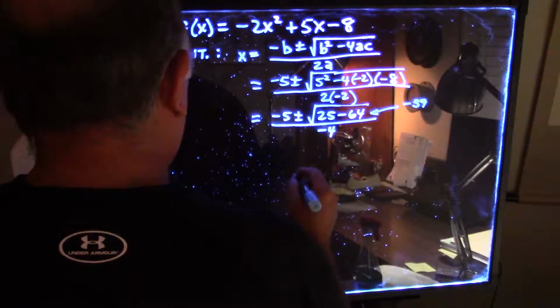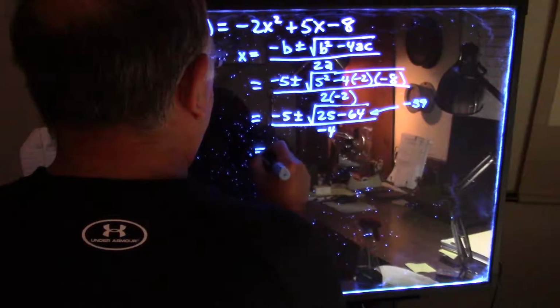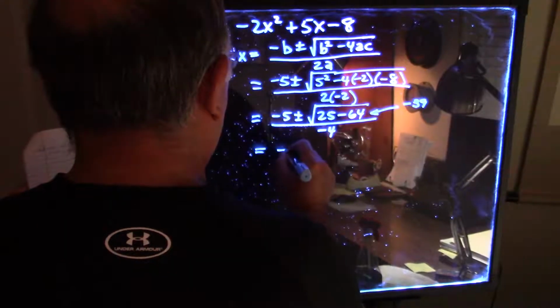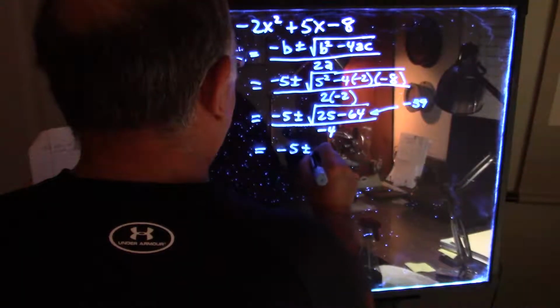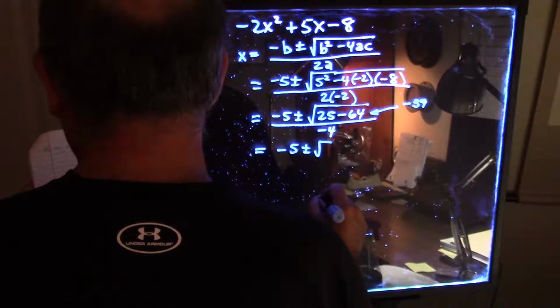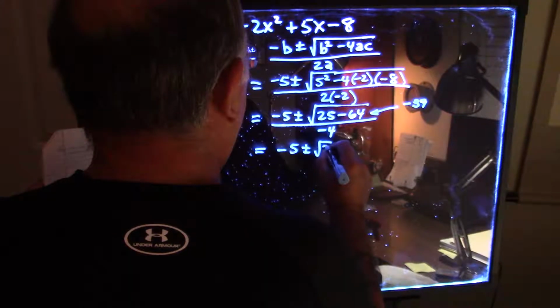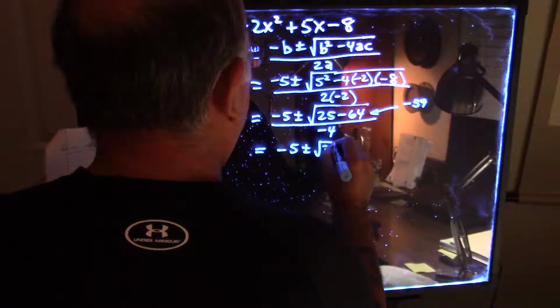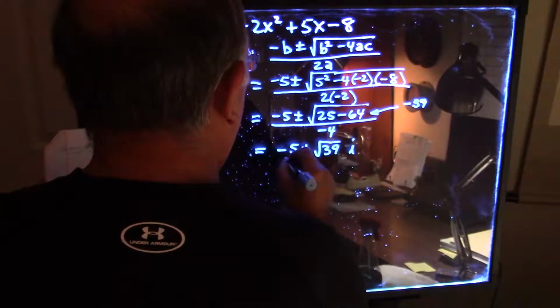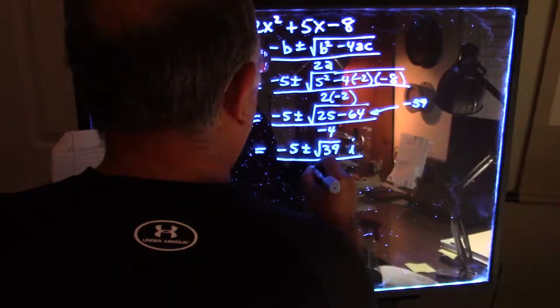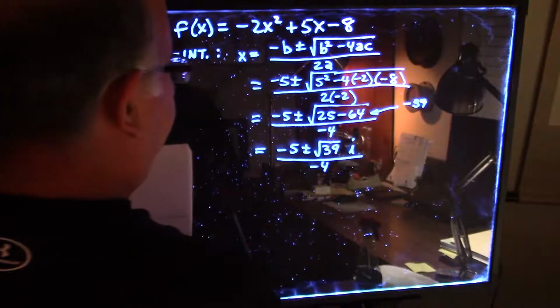So what we get is an imaginary number: negative 5 plus or minus the square root of 39 i, over negative 4.